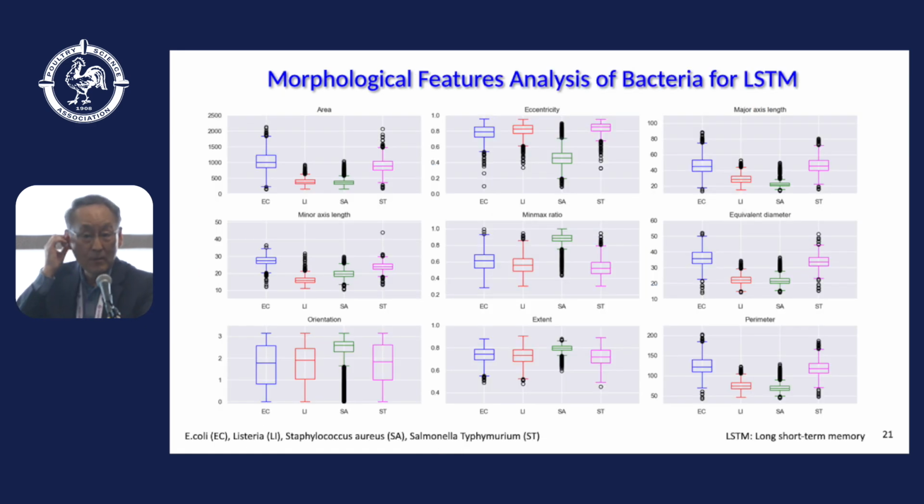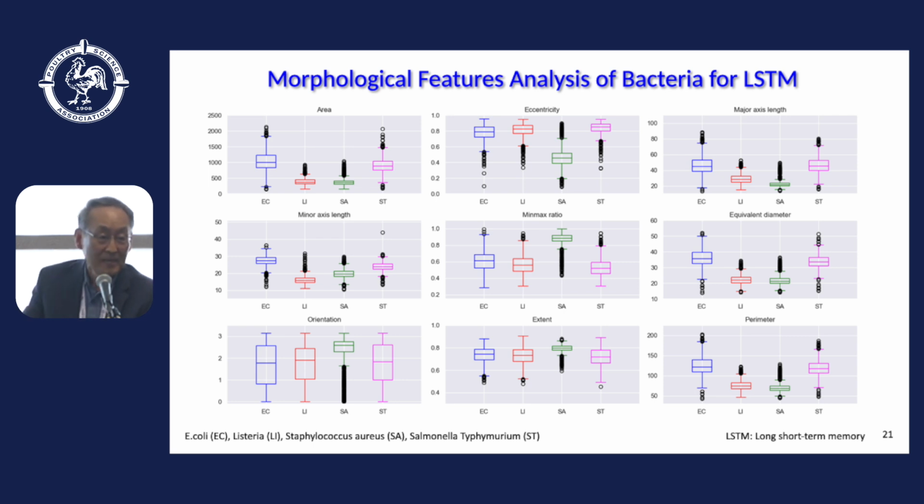When you look into the morphological features in a little more detail, you can see some information from there. For example, the top left is the area measurement. As you can see, Listeria and Staphylococcus, the middle one, have a much smaller area than E. coli and Salmonella, okay?